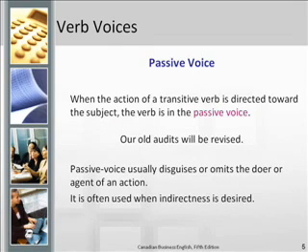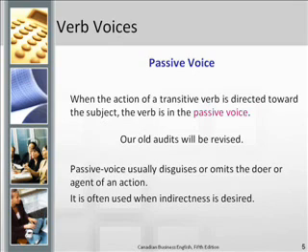Let's contrast the idea of the active voice with that of the passive voice. When the action of a transitive verb is directed toward the subject, the verb is in the passive voice. Consider this example. Our old audits will be revised. The verb here is will be revised, and the subject is audits.